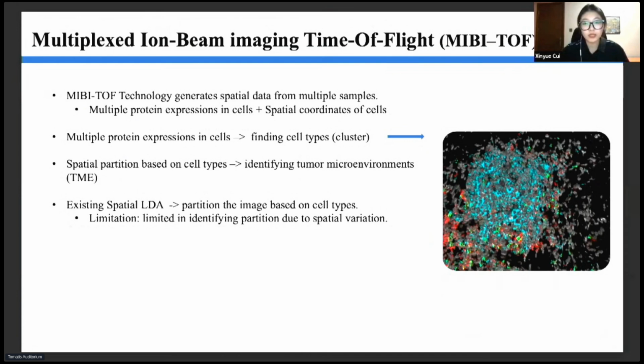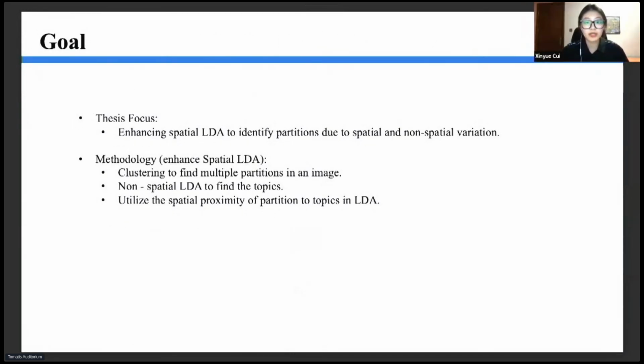The existing spatial LDA technologies do partition images based on the cell types, but are somewhat limited in identifying partitions due to spatial variations. So the goal of my thesis is to improve spatial LDA to identify partitions due to both spatial and non-spatial variations.